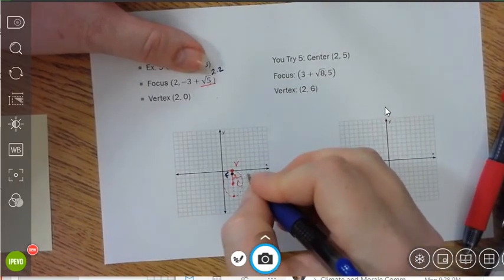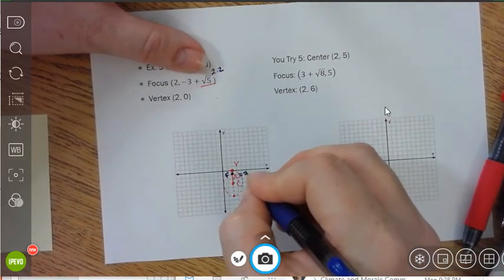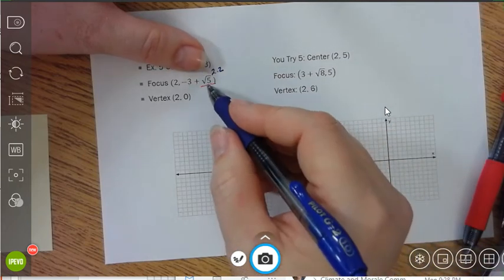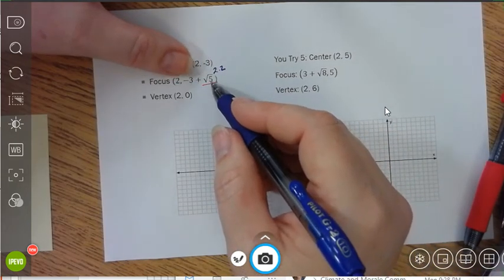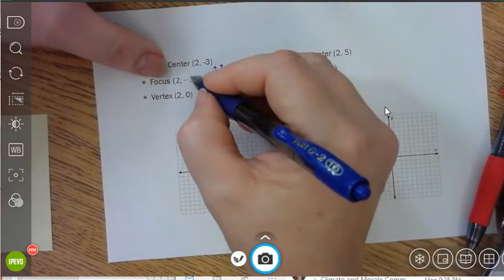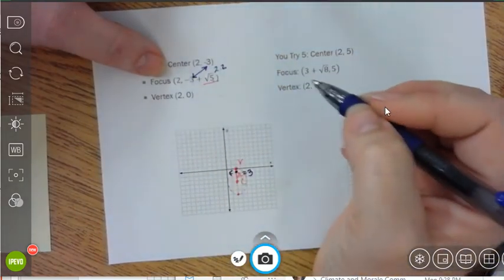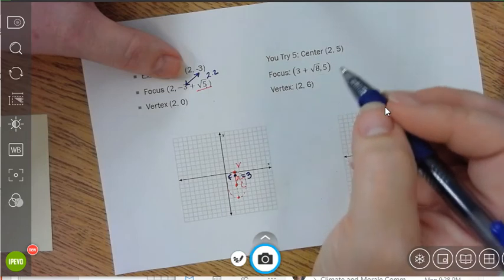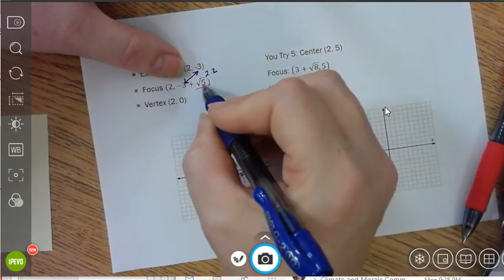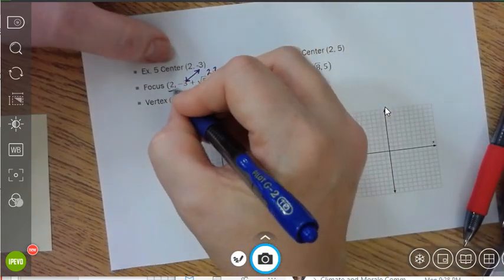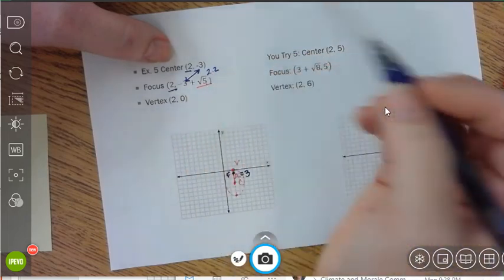So we know A is 3. And we know that our C is the square root of 5, because these values did not change. This changed by the square root of 5.